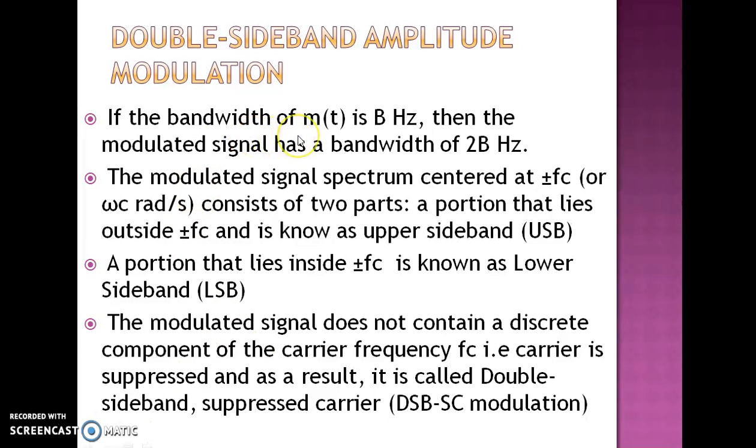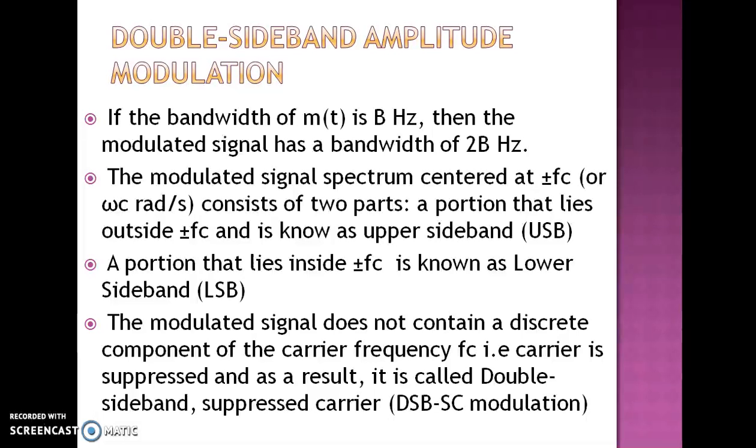If the bandwidth of m(t) is B, then the bandwidth of modulated signal will be equal to twice B. So why twice B? As we know, the bandwidth is the range of frequency, or the difference between the upper and the lower frequency.